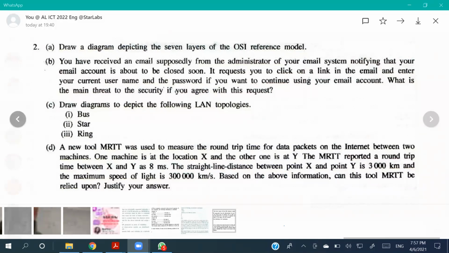Yes, Jinani, that's correct. Yeah, that one also. Okay, give it a try to the B part, Jinani.